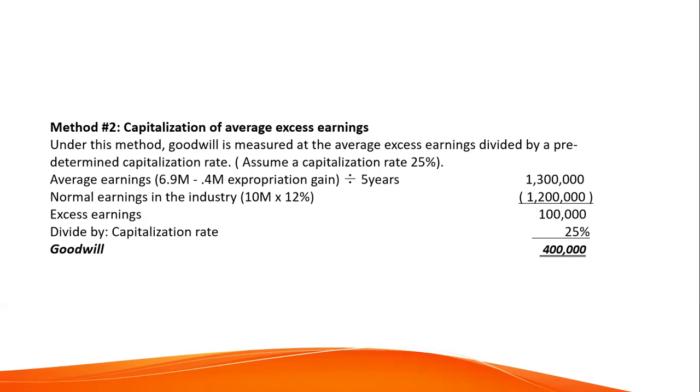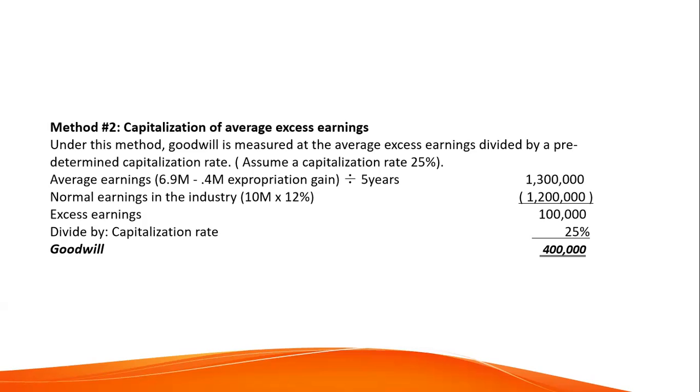Then the normal earnings in the industry is 12%. So that gives us the excess earnings of 100,000, and we divide this by the capitalization rate of 25%. So that gives us the goodwill of 400,000.